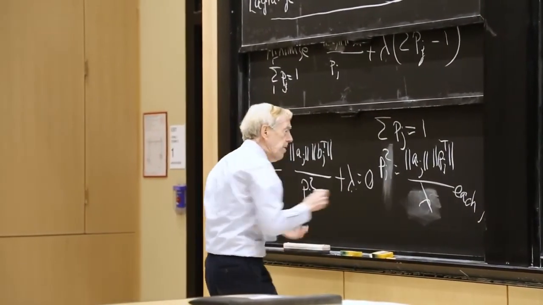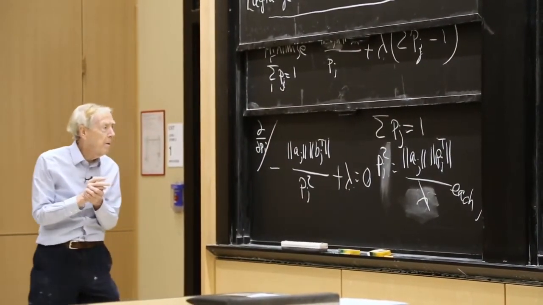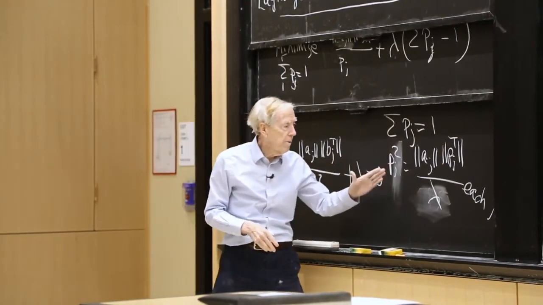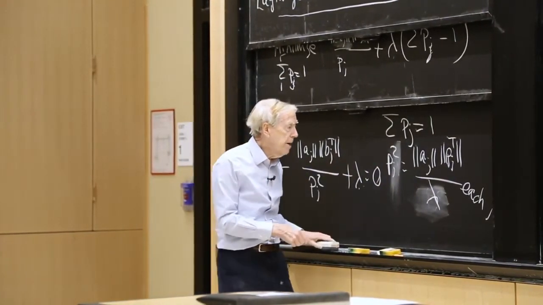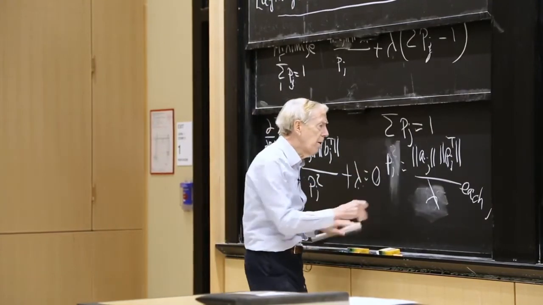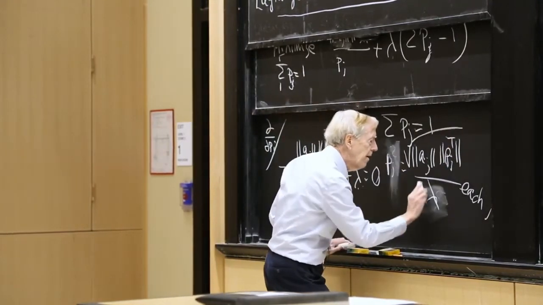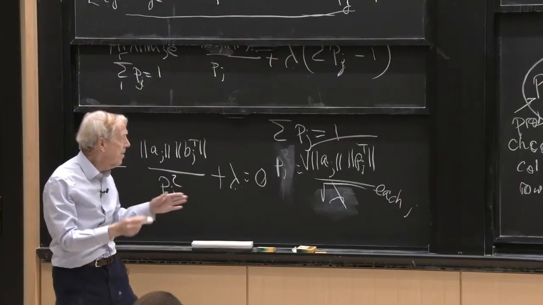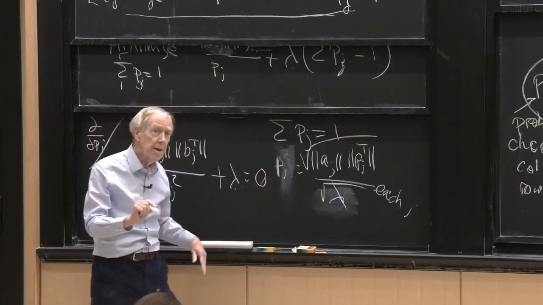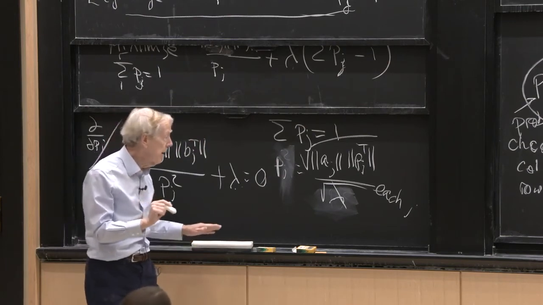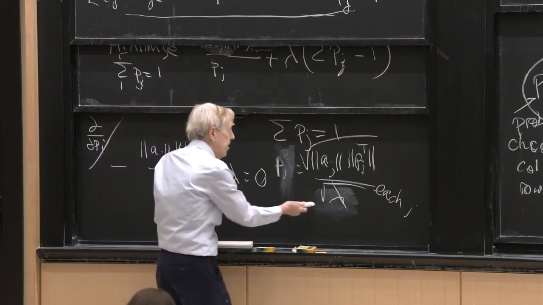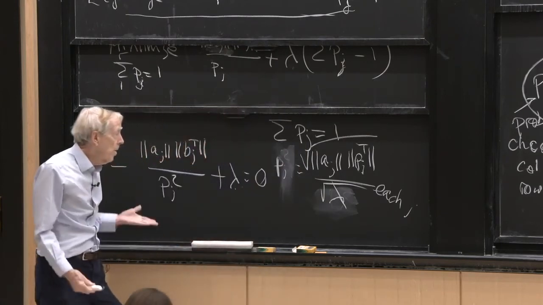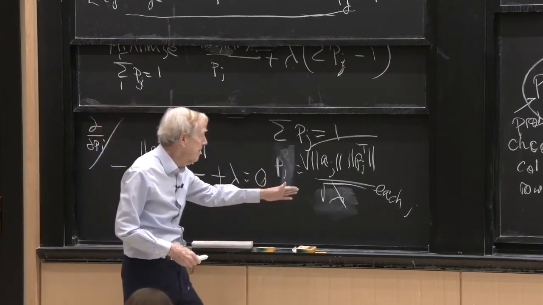Oh yeah, lambda is going to save us, because the total probabilities add to 1. So pj will be the square root of this stuff, and then the number lambda, Lagrange's multiplier, I haven't decided. It's the correct number to make this equal to 1.